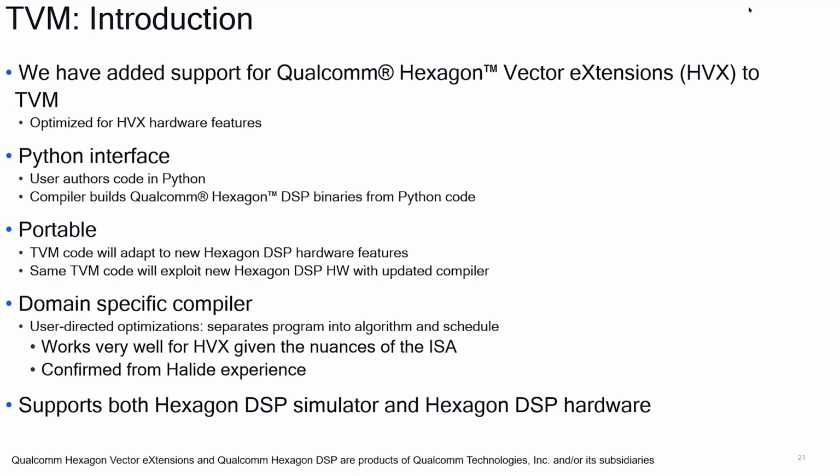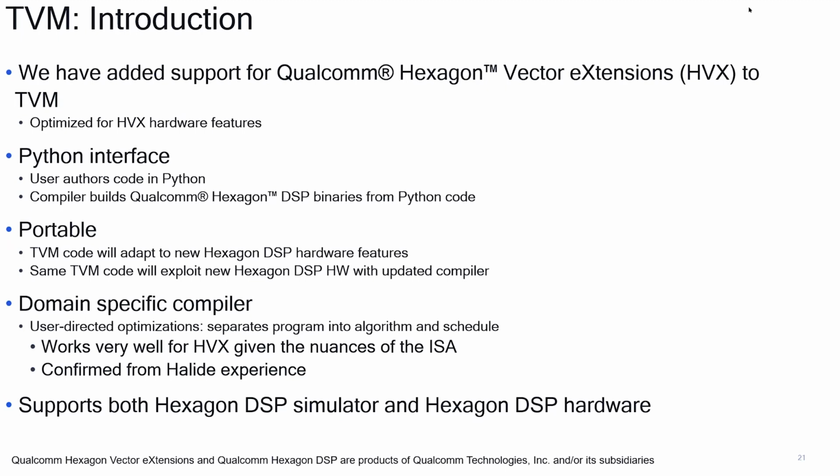Like when new Qualcomm Hexagon DSP hardware features come in, or you want to port it to an altogether different DSP, and that DSP architecture team or hardware compiler team has optimized the underlying compiler to generate code for that particular DSP or hardware accelerator or CPU. The same code can be portable across a family of DSPs and hardware.